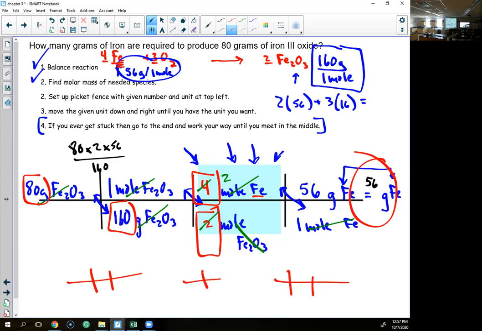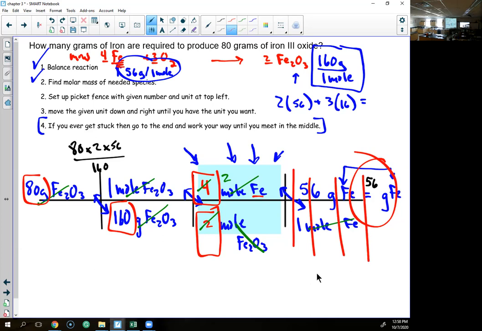We don't ever go longer in this class, but you definitely can. Sometimes it's shorter, and the reason you would know is sometimes it will just ask for moles. So if this problem said how many moles of iron, we would not have needed this step, because we would have been at that one right there.